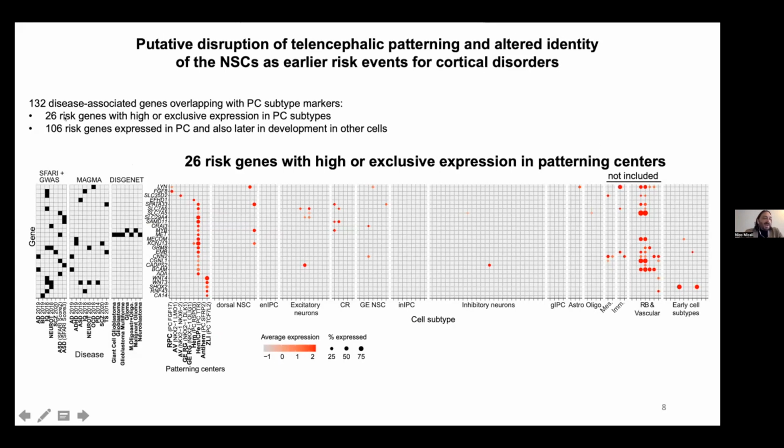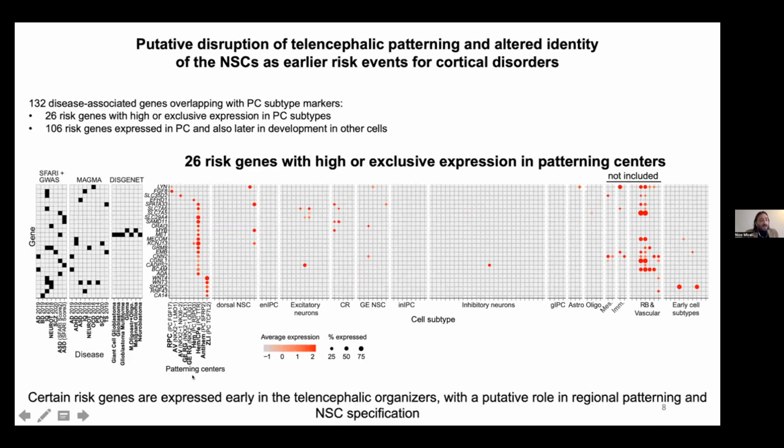Of these genes, 26 were highly or exclusively expressed in the patterning center subtypes, and 106 risk genes were expressed in the patterning center cells at the beginning, and also later in other cells. Here you can see all 26 risk genes highly expressed in the patterning centers. These are associated with neuropsychiatric disorders and are highly expressed in these early progenitors, in the early patterning centers.